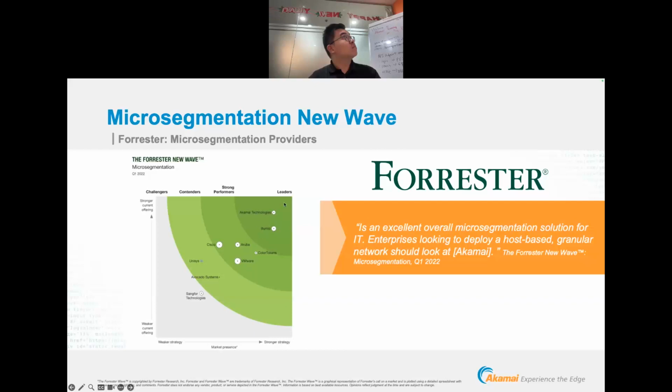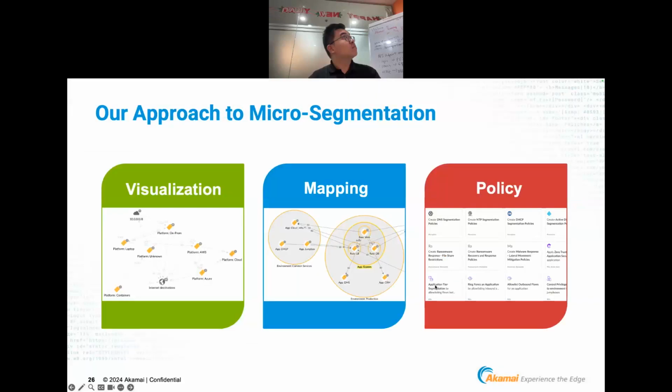Anyway, this is basically the Leaders section of the Wave, where you can see Akamai at the top right corner. We definitely have a few competitors like Illumio, another microsegmentation vendor, and you may see VMware and Cisco are also in the picture, but they are not as strong as us. You can say that.